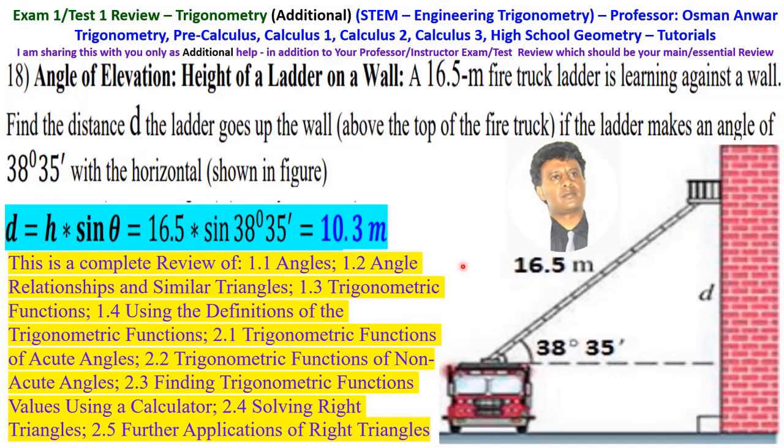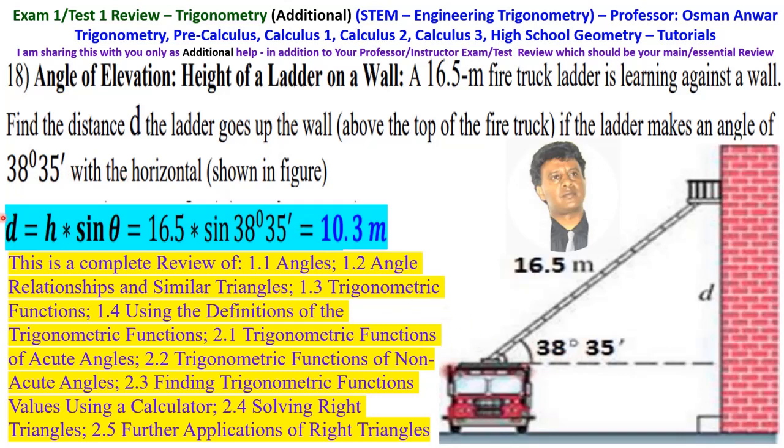Number 8 is angle of elevation. A 16.5 meter fire truck ladder is leaning against a wall. Find the distance d the ladder goes up the wall above the top of the fire truck if the ladder makes an angle of 38 degrees and 35 minutes with the horizontal.